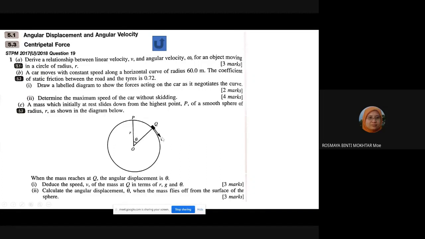V is velocity, R is the radius. So we are going to determine this velocity in terms of R, G and theta. Theta is given.